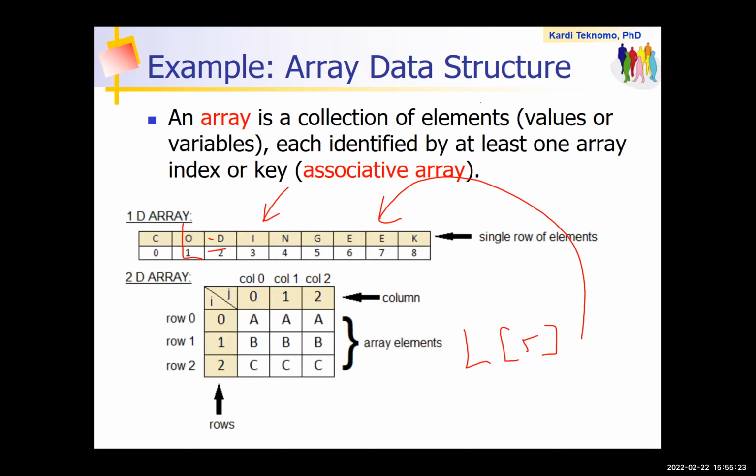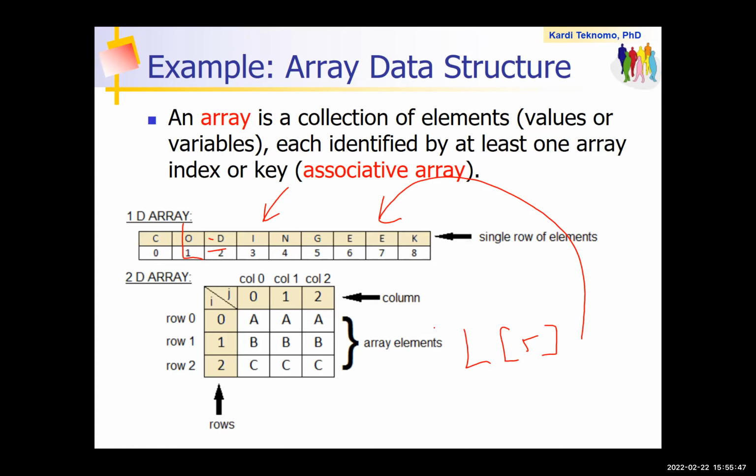You can also create 2D, 3D, or ND arrays. A 2D, two-dimensional array is basically a matrix, consisting of rows and columns, right? Again, the rows start from 0, and the columns start from 0 also.